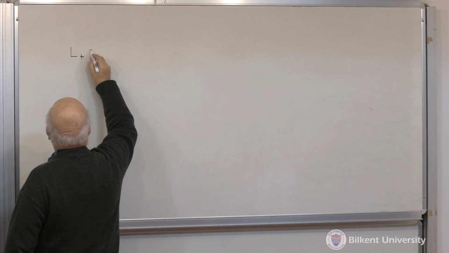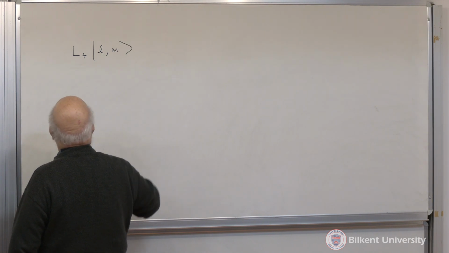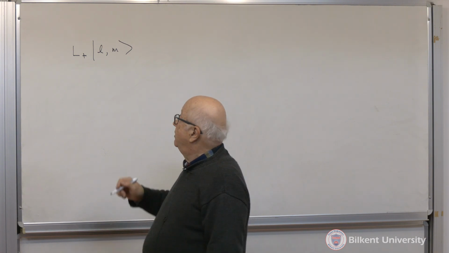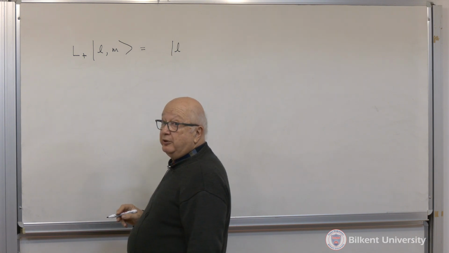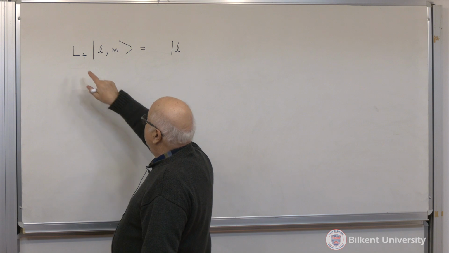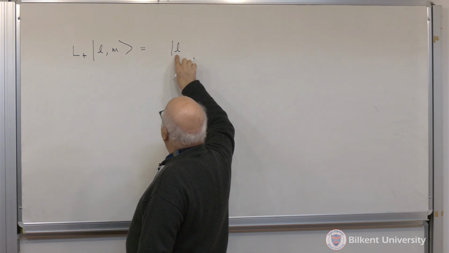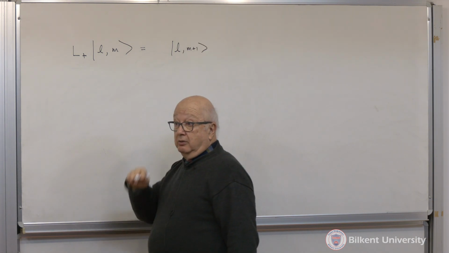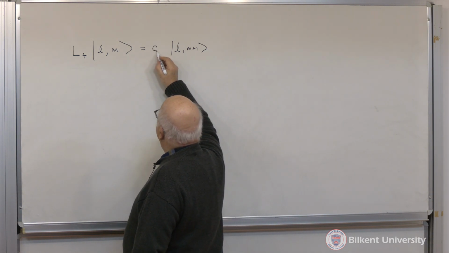So I have L plus operating on L m. I know it is going to give me another state, which has the same total angular momentum number L, because it's not changing that. L plus commutes with L squared. So that's going to be L and m plus 1. So it goes up in m by 1. So what is this proportionality constant?